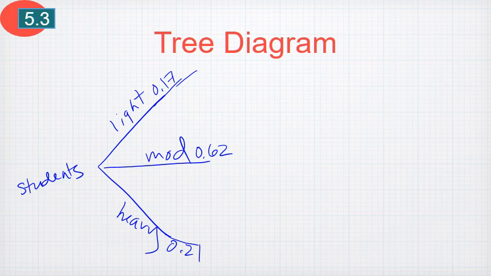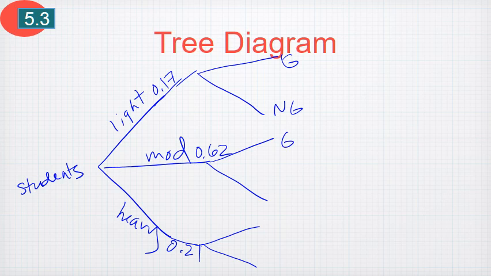Then I have to add in my other categorical variable, whether their grades were good or let's just say not good. So we had good, not good, good, not good, good, not good.